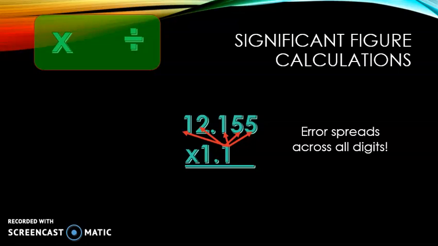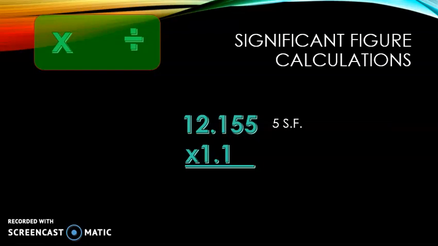Now, the problem with that is that your error in measuring that 0.1, that estimated digit, has now spread into every other digit. So it's poisoning your whole measurement. That's really not good. So we need to separately consider the sig figs in each one of these measurements.